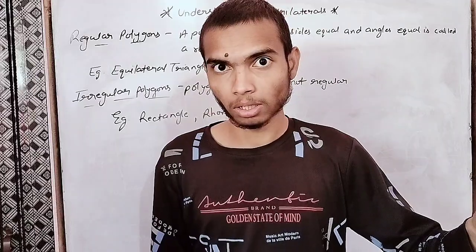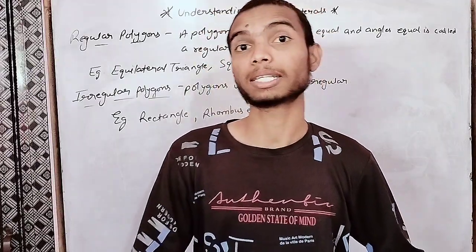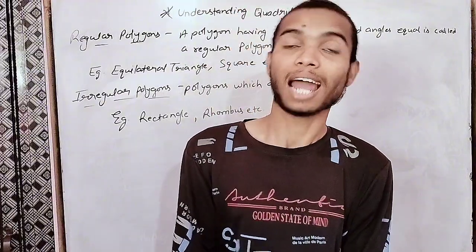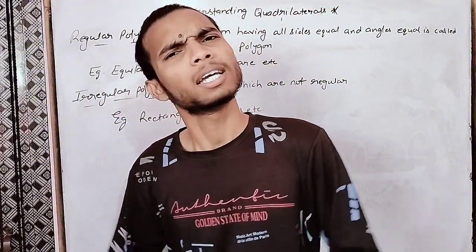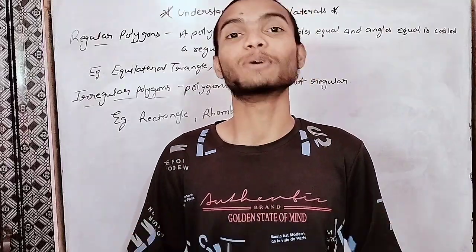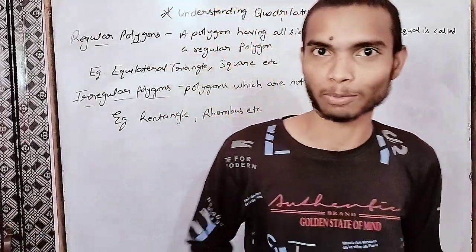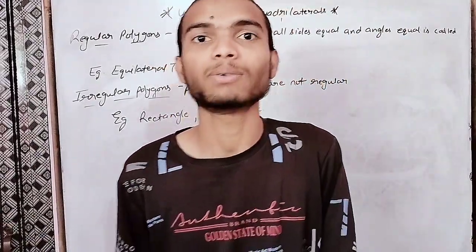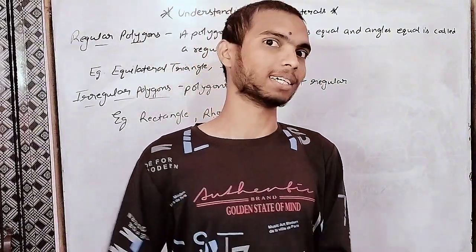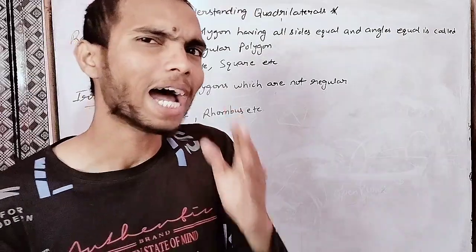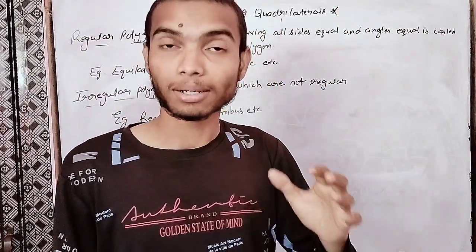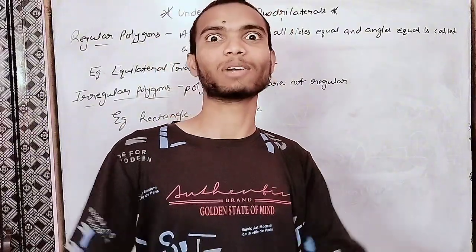For example, one side is 5 centimeters and the length of a second side is also 5 centimeters, and the length of a third side is also 5 centimeters, as well as the length of the fourth side is also 5 centimeters. This is what we say: all sides are equal in length. Now, as well as angles, the measure of angles would be equal.